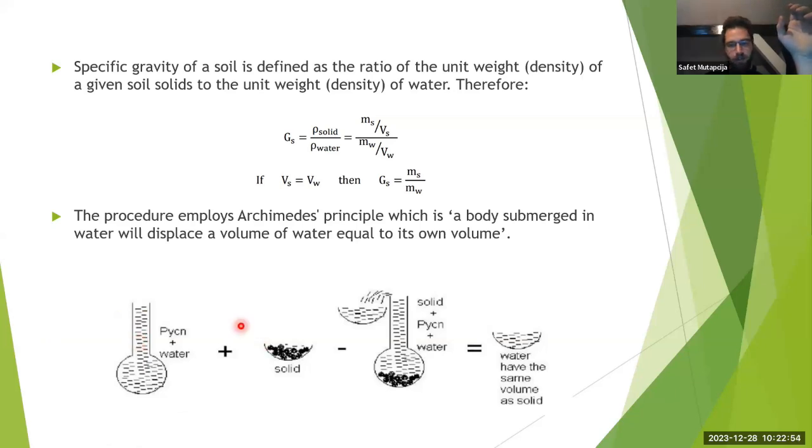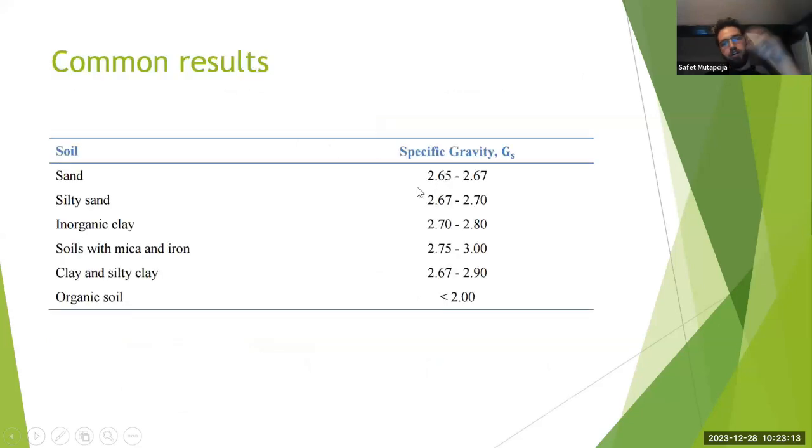You're going to have your soil, and you're going to put your solid soil in the water, and of course that's going to increase the volume of the water, and the whole test is based on that to calculate how the volume is changing, and you're going to get your specific gravity. So this is the common result that you're going to have when you test it.